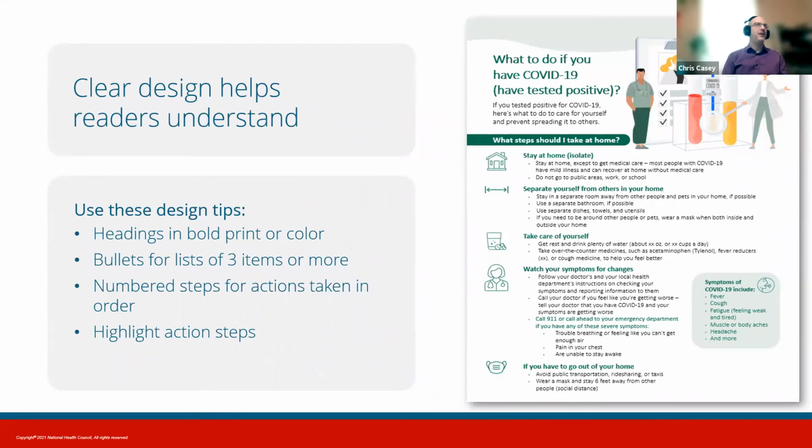Put headings in bold print or use color to help them pop out from the body text. And so that's that organization piece: headings should really orient your audience to what comes next. Headings should be questions that your audience has so they can scan and find the information that they're looking for.